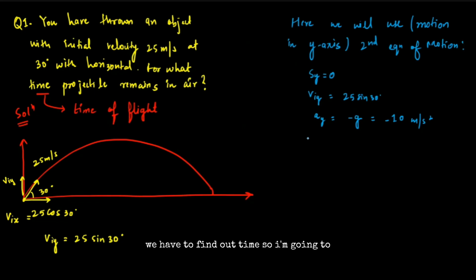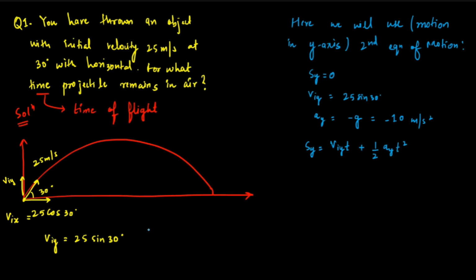We have to find out time, so I'm going to use the second equation of motion. The second equation says that the displacement in the y-axis equals initial velocity in the y-axis into time plus half of acceleration in the y-axis into time square. So we substitute the values here. Sy is going to be 0. Initial velocity in the y-axis is 25 sine 30, and sine 30 is 1 by 2, so 0 = 1/2 × 25 × t + 1/2 × (−10) × t².